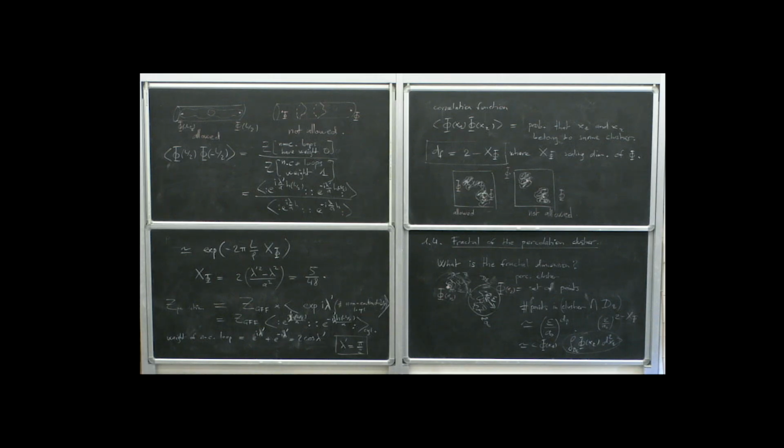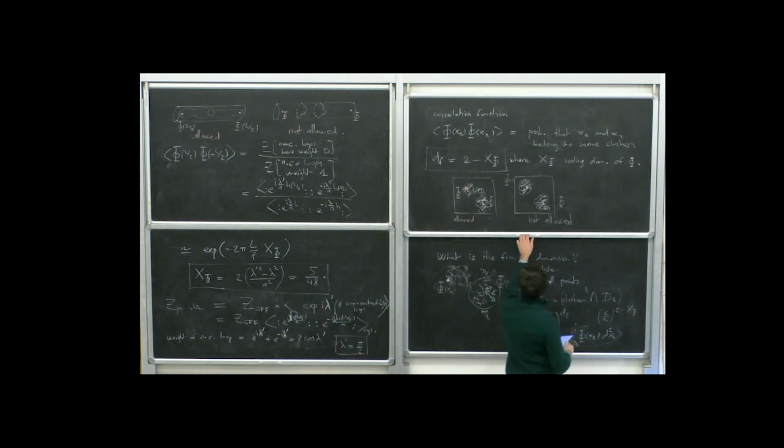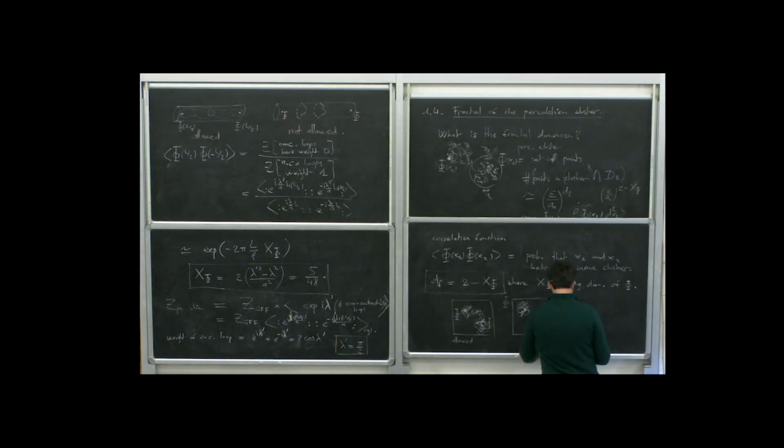That's right. So you arrive at this. And then you plug that in that formula. And you find that the fractal dimension, d_f, of the percolation cluster is 91 over 48.